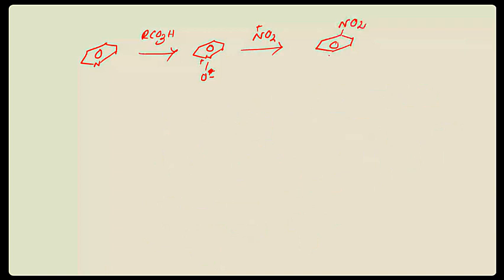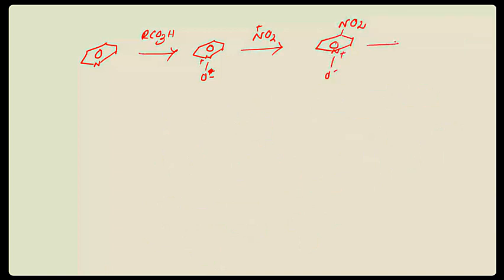We have pyridine, treat it with peracid, then we will have this N-oxide. Now do the nitration reaction, with nitrating agent. So nitration happens. I am not showing the mechanism now.